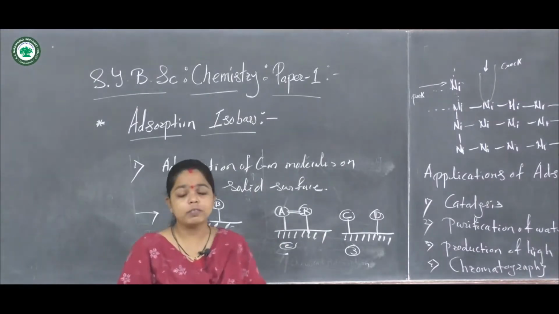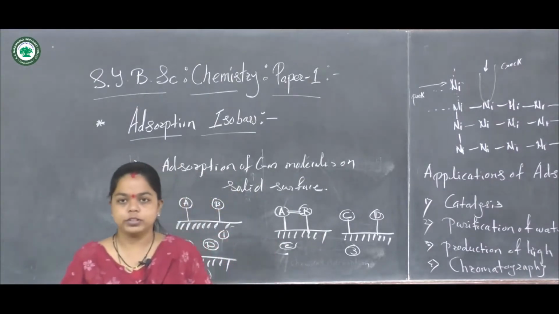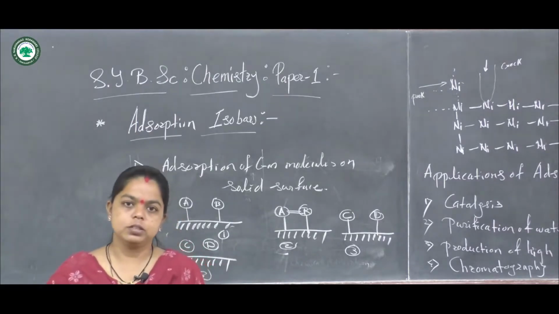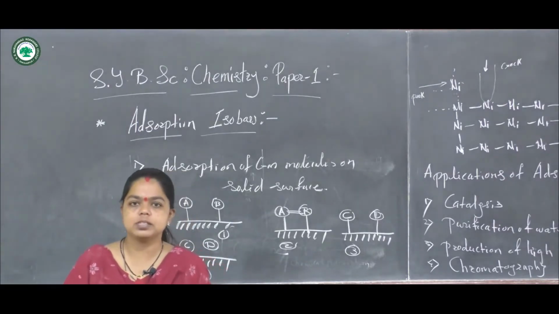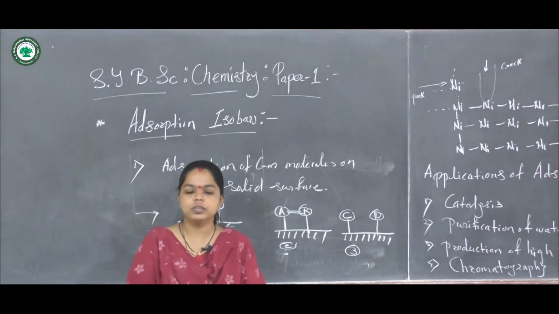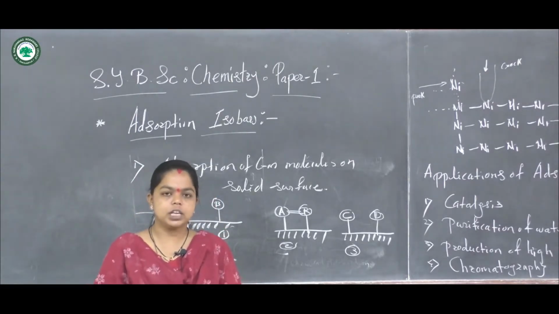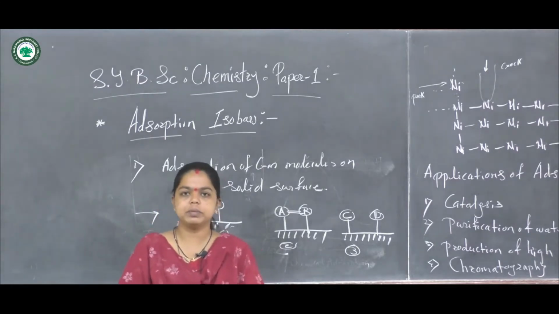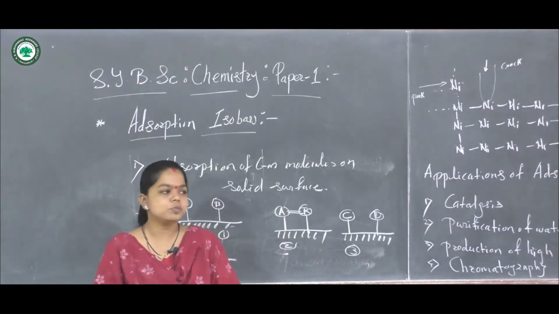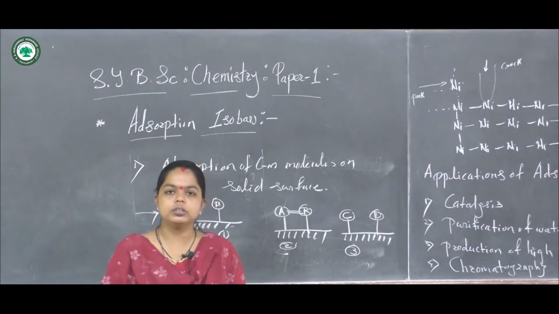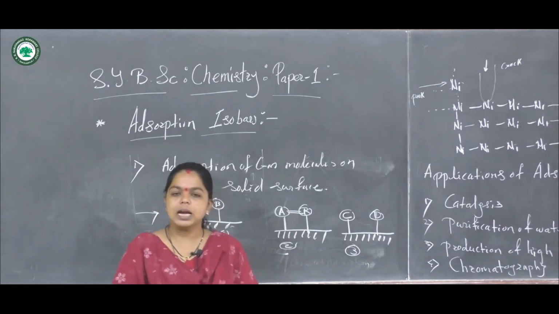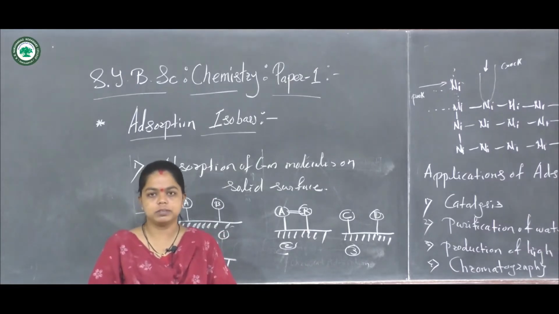So there are a number of applications for this adsorption process. This adsorption process is found to be very useful in different types of areas, and other applications are also given, like charcoal being used as the adsorbent material for different processes in industry in order to remove unwanted impurities or colored impurities, and many other applications.